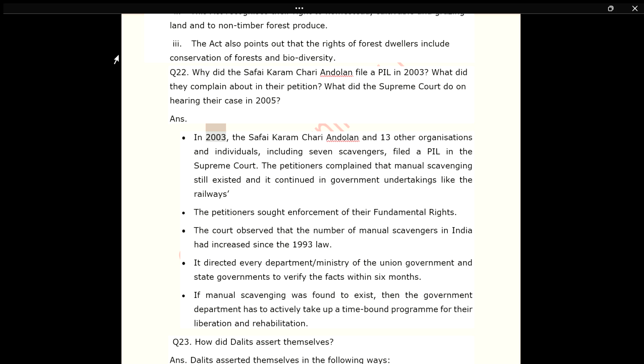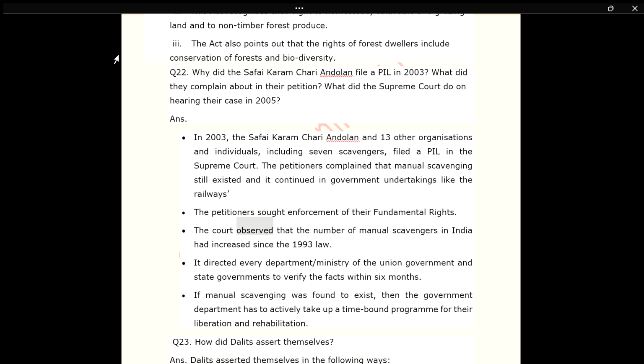In 2003, the Safai Karamchari Andolan and 13 other organizations and individuals, including 7 scavengers, filed a PIL in the Supreme Court. The petitioners complained that manual scavenging still existed and it continued in government undertakings like the railways. The petitioners sought enforcement of their fundamental rights.